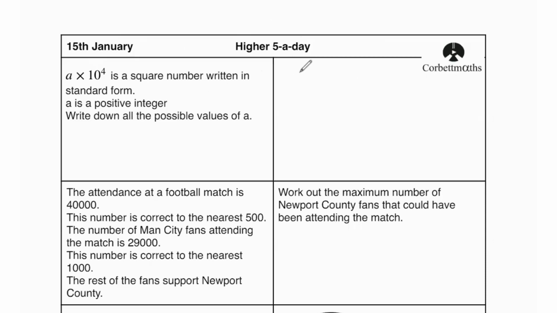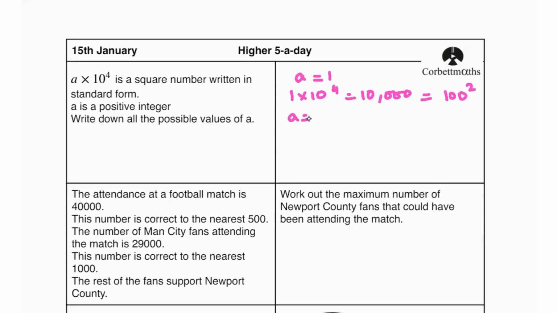So a can be equal to 1 because 1 times 10 to the power of 4 is 10,000, which is basically equal to 100 squared. A can be equal to 4 because 4 times 10 to the power of 4 is 40,000, which is basically 200 being squared.